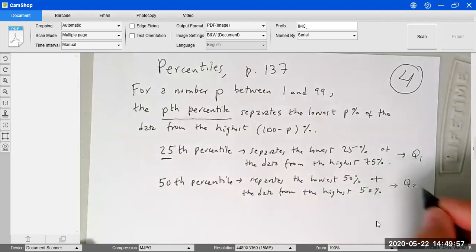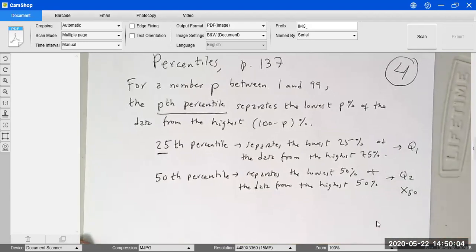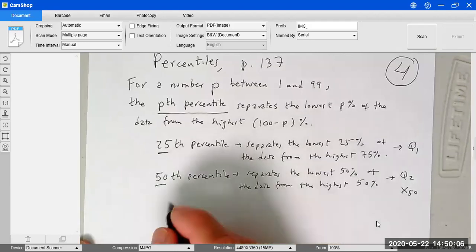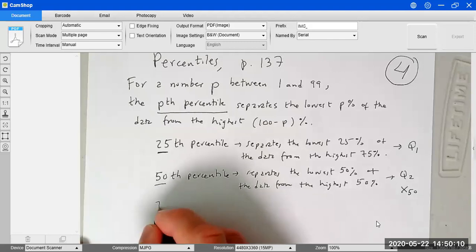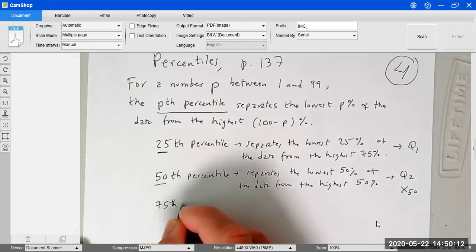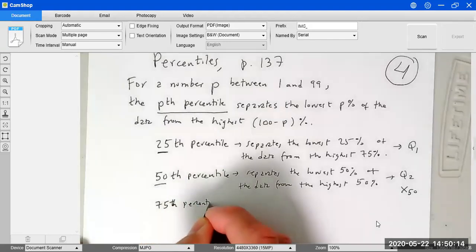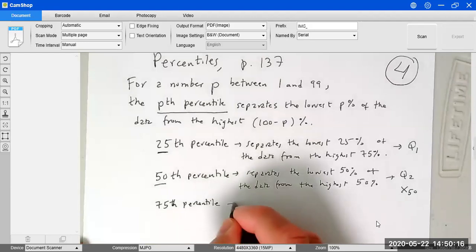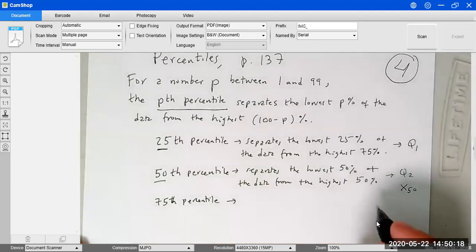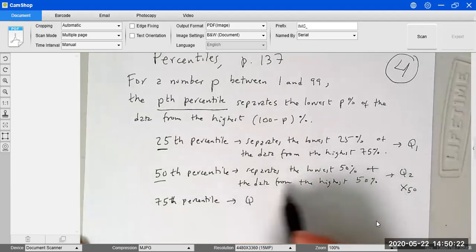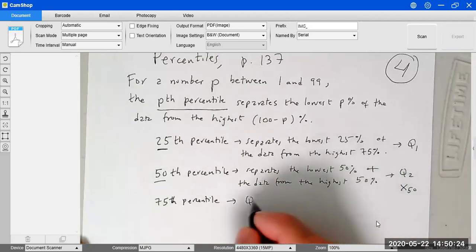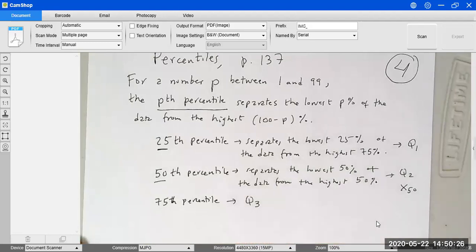This is Q2, the second quartile, and it's also the median. So finally, the 75th percentile is going to separate the lowest 75% of the data from the highest 25%. So this is going to be the third quartile.